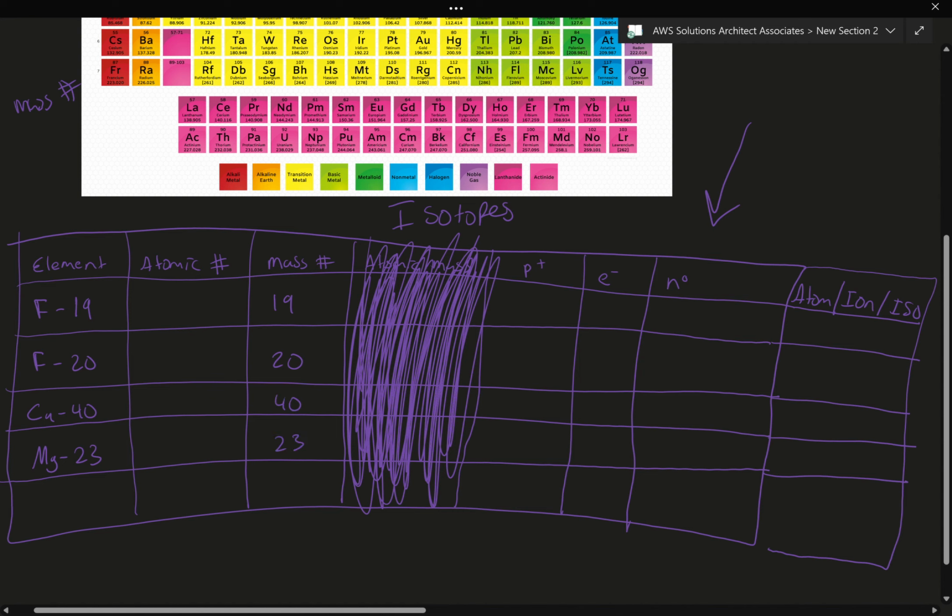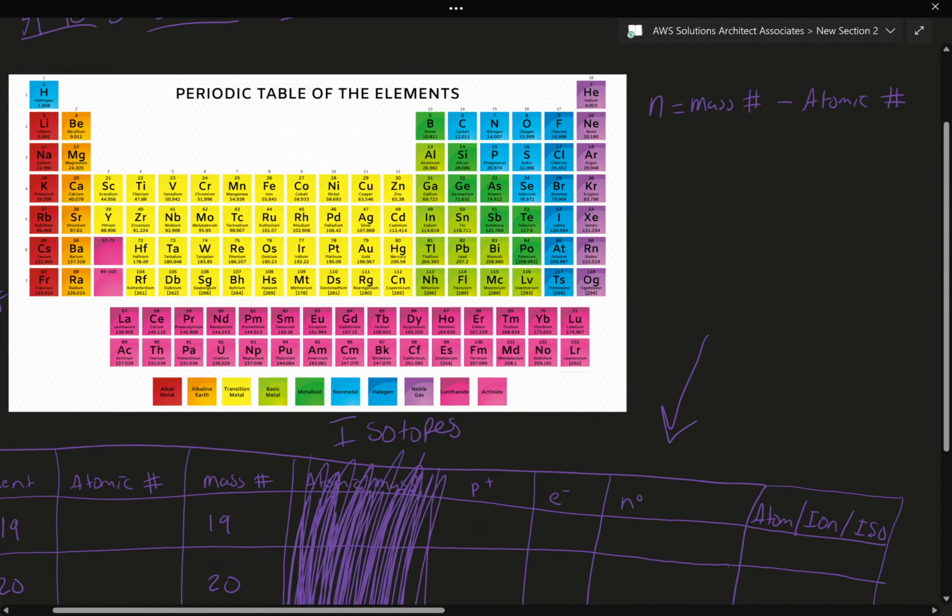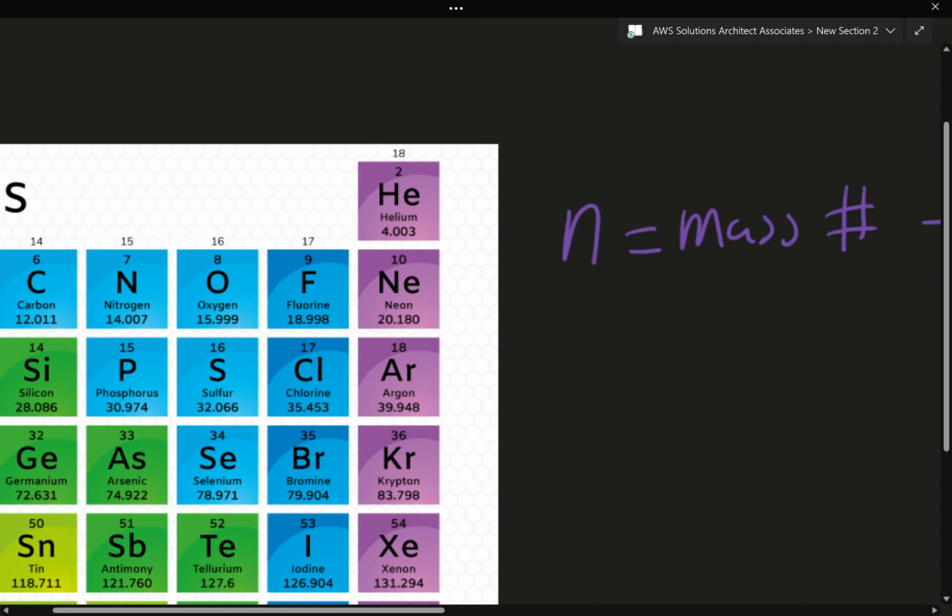So we need to find out if fluorine 19 is an isotope or an atom. To do so, we need to head over to our periodic table. Here is fluorine. The mass number of fluorine is 19. How did I get 19? Well, I rounded this number, and I got 19.